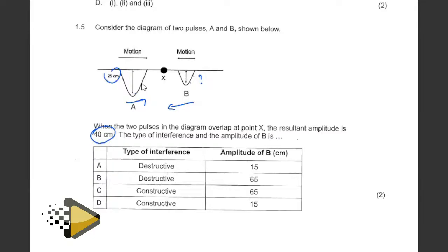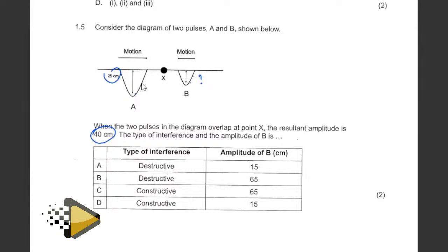The type of interference and the amplitude is. Now, since both of them are in the same direction, both of them are crests, we expect the resultant pulse to increase. In other words, it should be bigger, which means it's going to be a constructive interference.